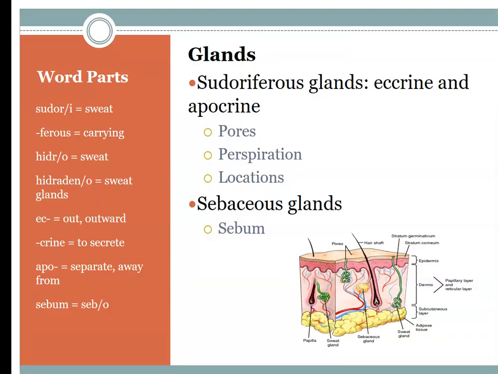Okay, the sudoriferous glands, also called the sweat glands, are instrumental in the regulation of body temperature. Note that the combining form for the sweat glands is hidradeno, a composite of hidro for sweat and adeno for gland.